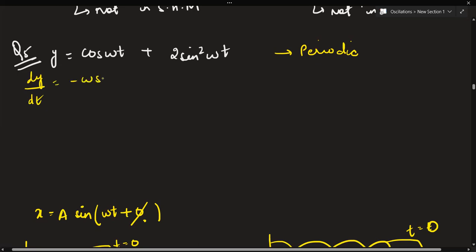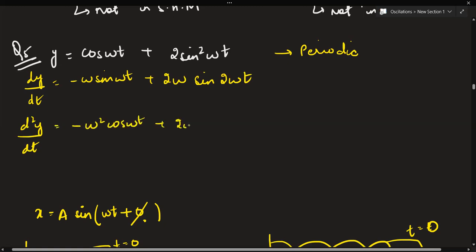It will be minus omega sine omega t, then plus 2 omega sine 2 omega t. Now the double differentiation, d square y by dt square, will give me minus omega square cos omega t plus 4 omega square cos 2 omega t.